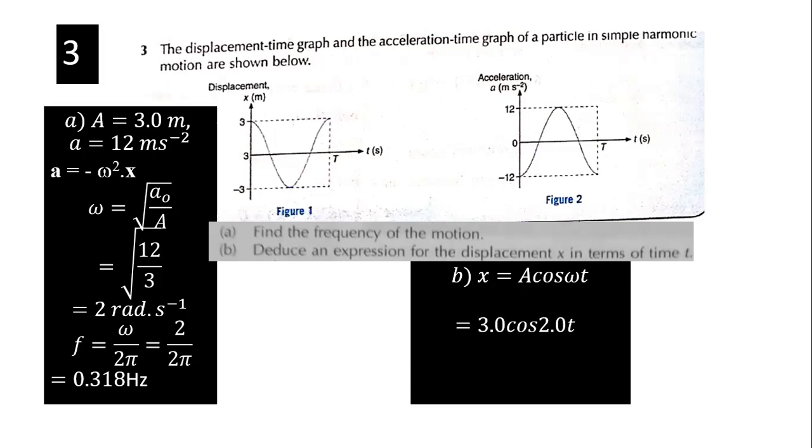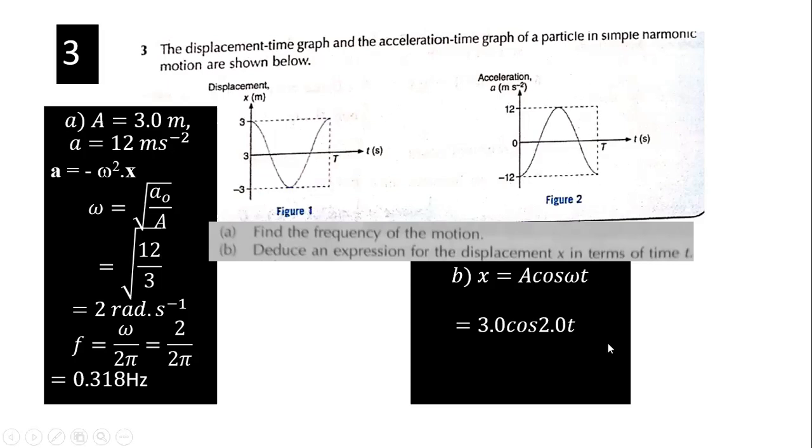Negative omega square x. No. You are supposed to give an answer, not omega. You already calculated omega. Oh, you want the acceleration answer? I want it for the acceleration graph. I want you to write the equation for me.